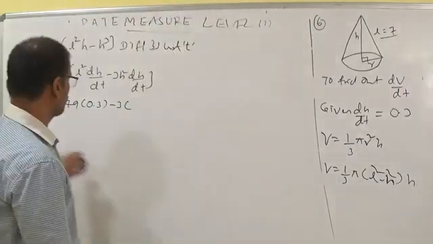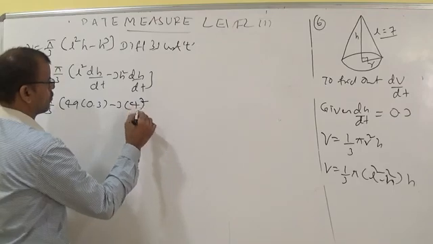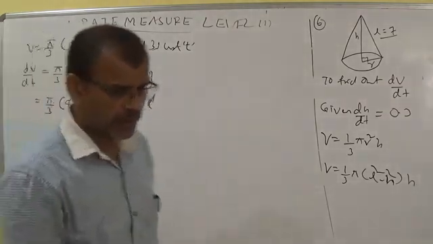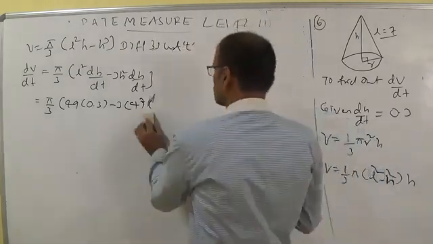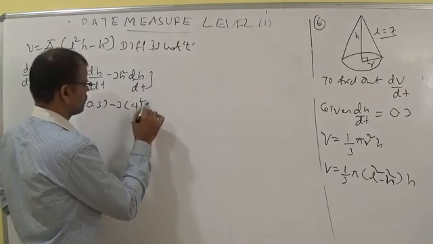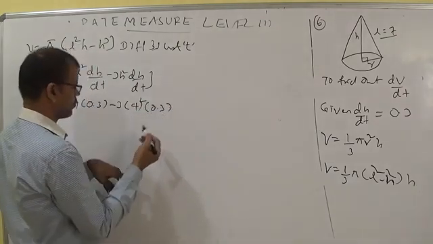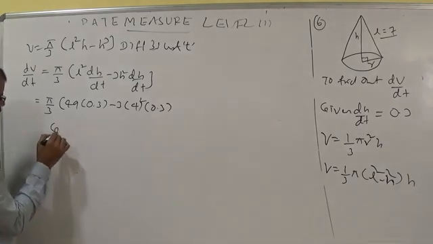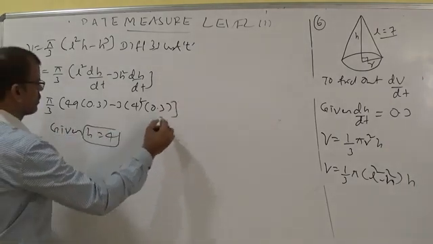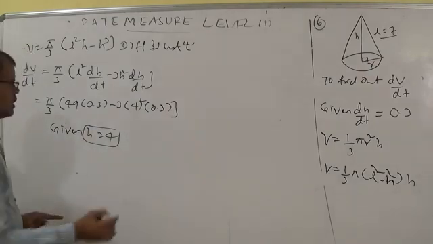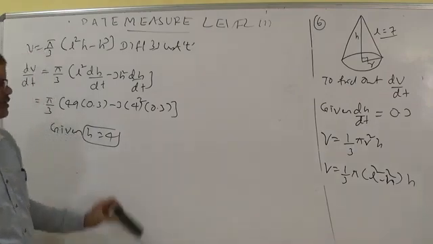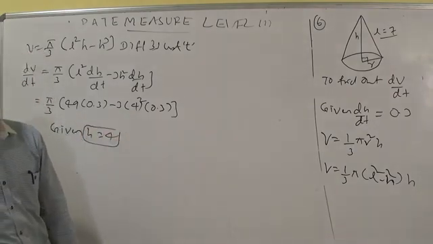When he has given 4, you substitute the value 4: 3 into 4 square into dH by dt, also 0.3 given. So you substitute instead of H 4 and instead of dH by dt 0.3. Given value H is equal to 4 centimeters: 49 into 0.3 minus 3 into 4 square into 0.3. 3 into 4 square is 48.